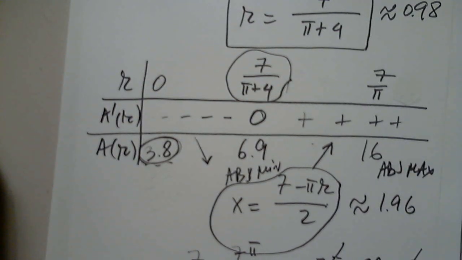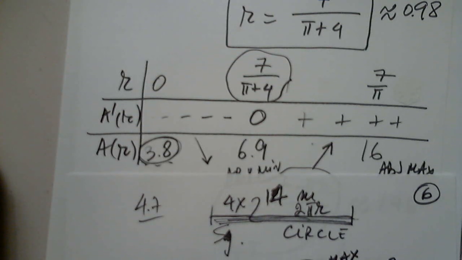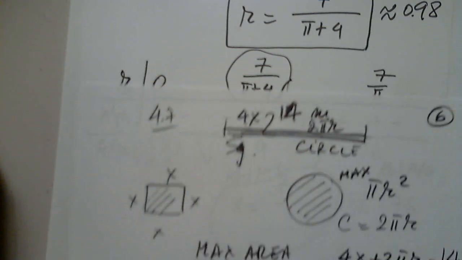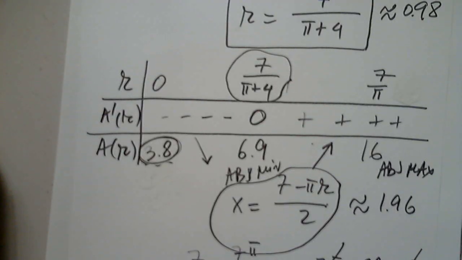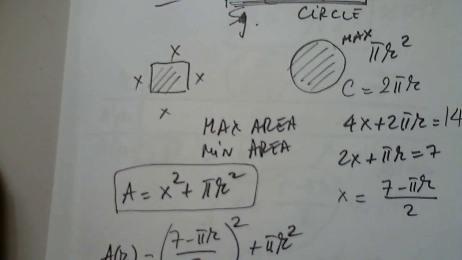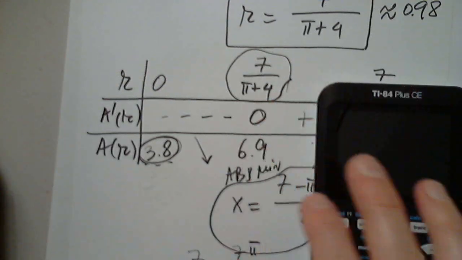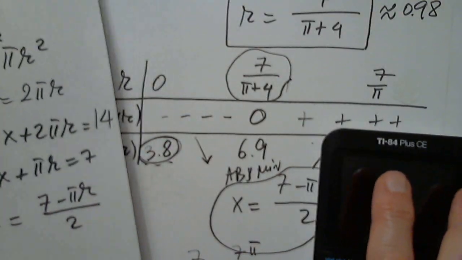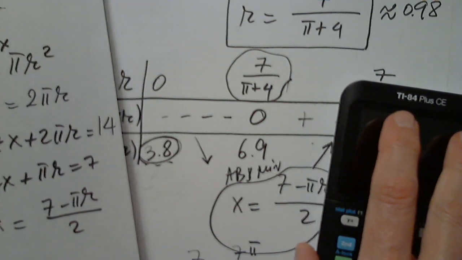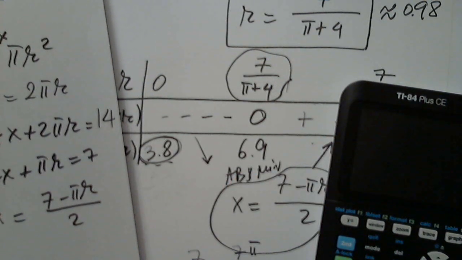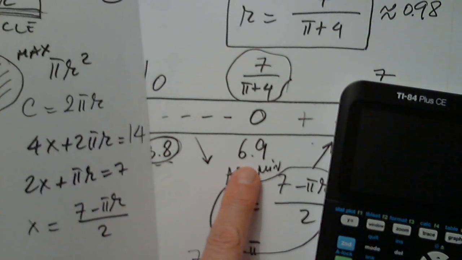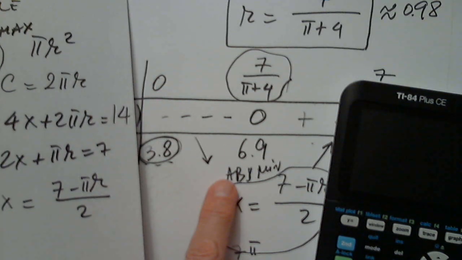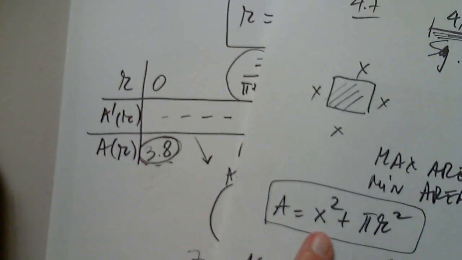So these numbers are correct. I'm going to determine this again. Maybe this one is incorrect. Okay, so the area with... but it cannot be incorrect because when r is 0, I get this.